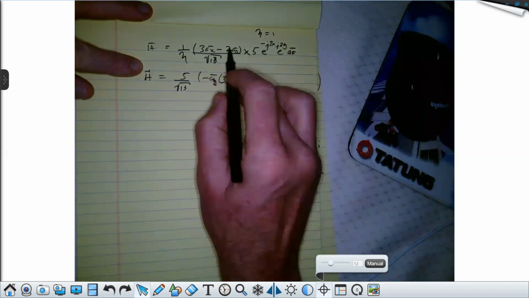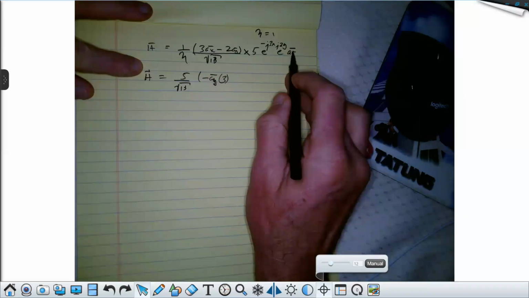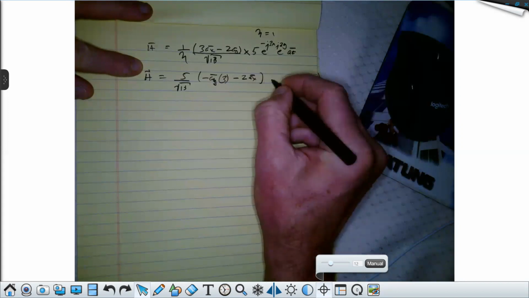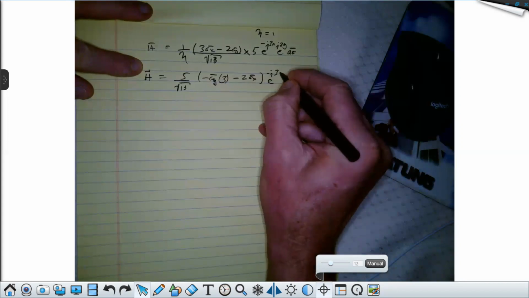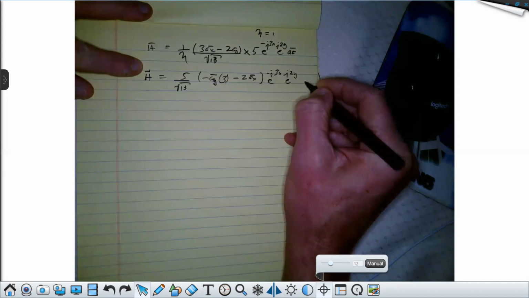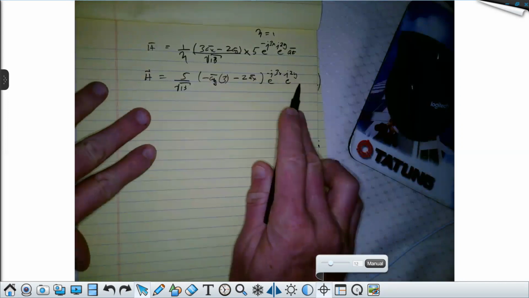And then I have minus 2ay crossed az. Well, yz is x, so it's going to be minus 2ax here. And then I have to put down the e to the minus j 3x times e to the j 2y. And that's the vector phasor for H. Right there.